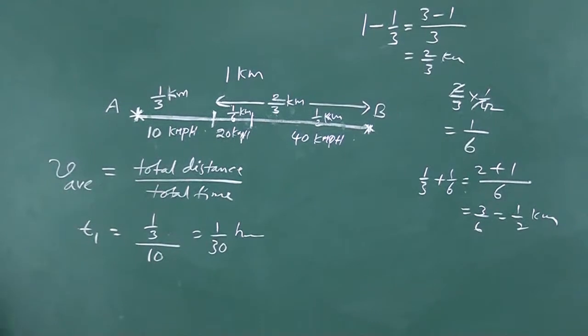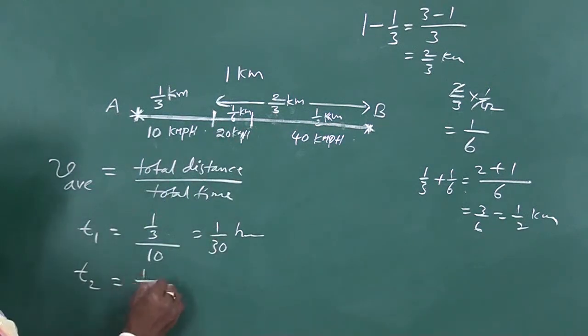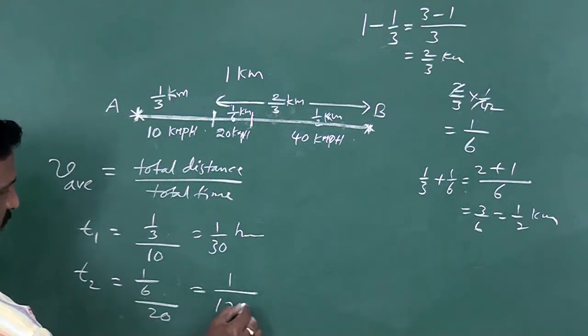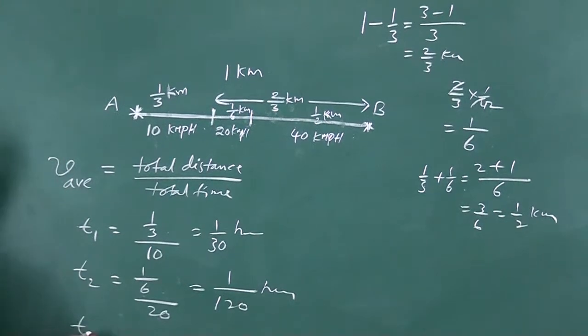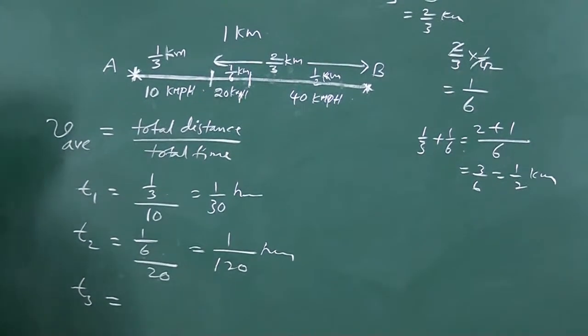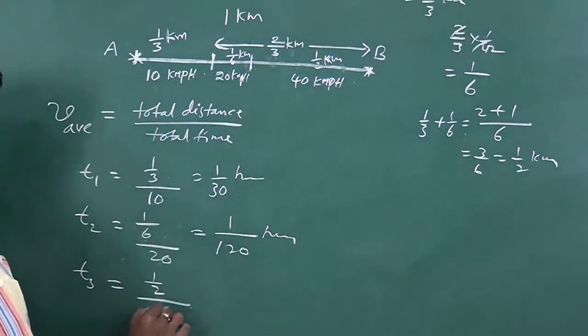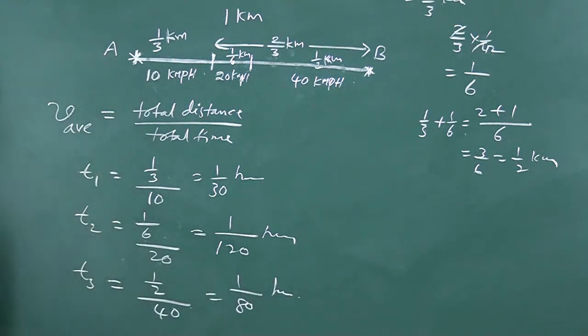In the second case, t2 equals distance 1 by 6 kilometer by speed 20. So this is 1 by 120 hour. In the third case, t3 equals distance 1 by 2 by speed 40. So 1 by 80 hour.